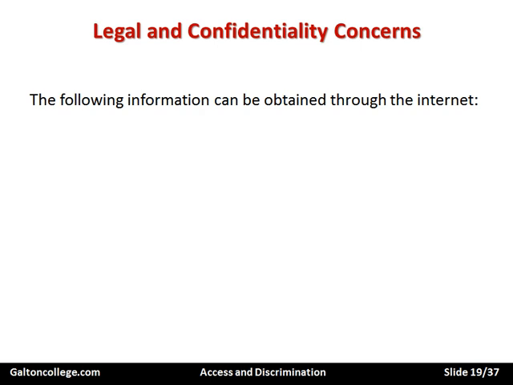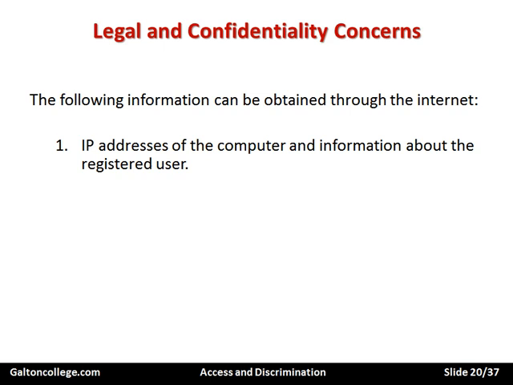The following information can be obtained through the Internet. It's possible to get the IP address of the computer and information about the registered user. It's possible to find out who's accessing a website. It's possible to do analytics on computer usage to see which IP address was accessing the site, for what period of time, and when they accessed it.